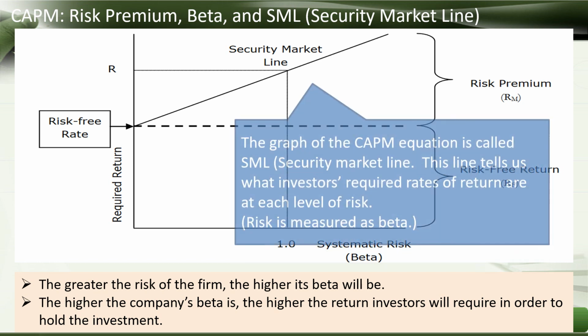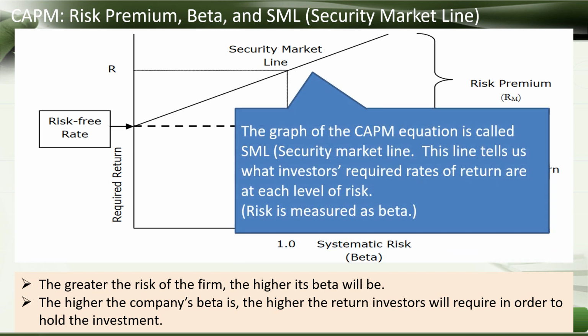To understand that, we should study the security market line. The graph of the CAPM equation is called the security market line. This line tells us what investors' required rates of return are at each level of risk. Risk is given by the beta value.